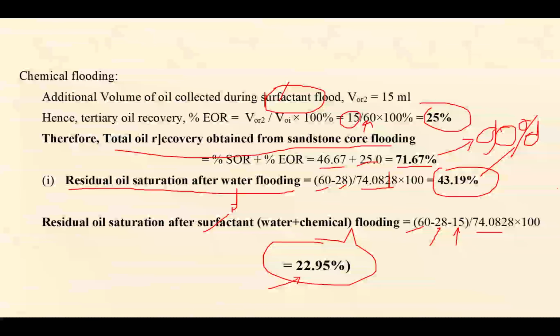And then if you think that the recovery is significant, then you can go for the pilot study. And if it is again successful in the pilot study, then you can go for the field application.